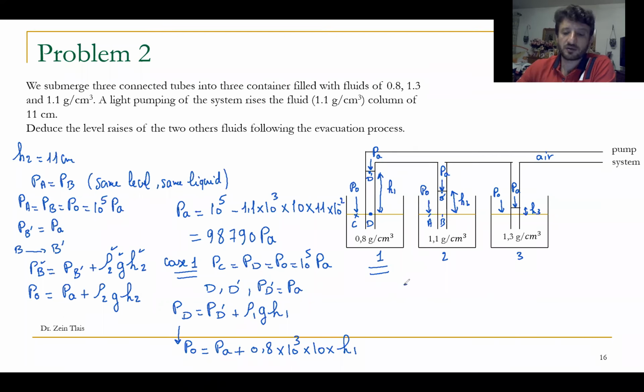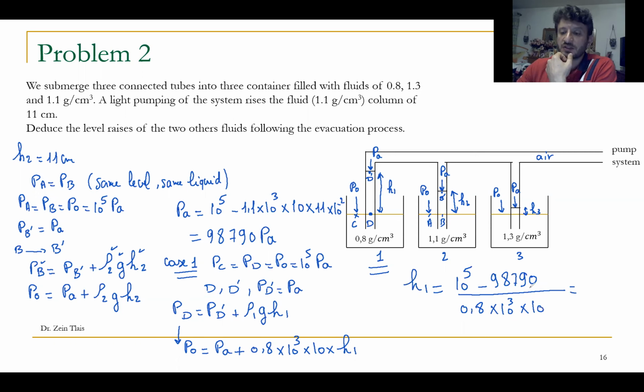We can say here H1 equals P0, 10 power 5 Pascal, minus PA, 98,790 Pascal, divided by 0.8 times 10 power 3 times 10.